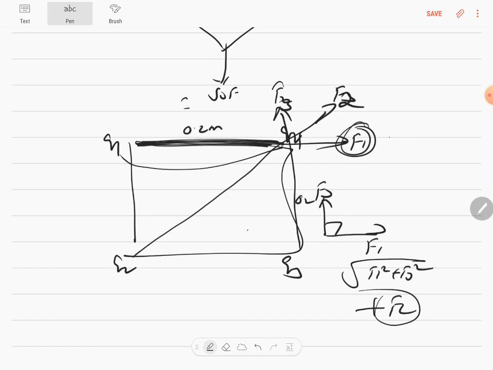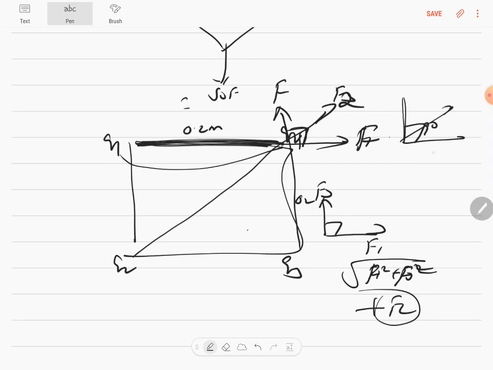F1 and F3, the charges are same, the distance is same. So they are just going to be F and F. You don't have to call it F1 and F3, you can call it F and F. And the resultant between them will be root of F square plus F square because it's a right angle triangle. The angle between them is 90.